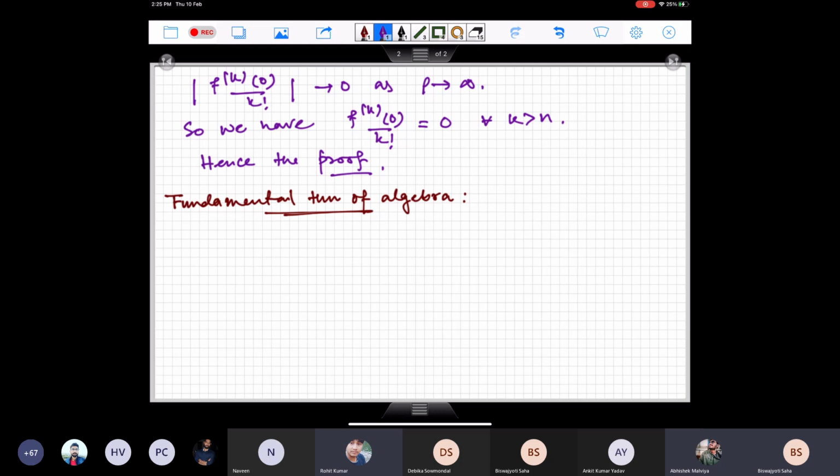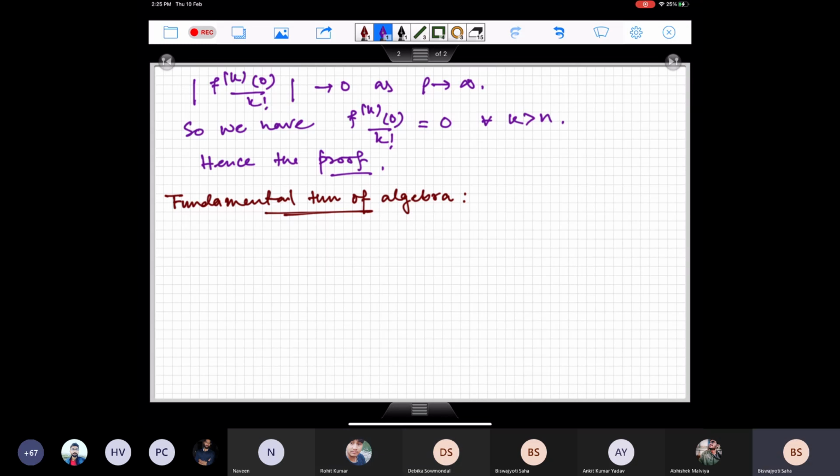Any algebraic polynomial in C has a root in C. What do you mean by an algebraic polynomial? a0 plus a1 z plus dot dot a_n z to the power n.